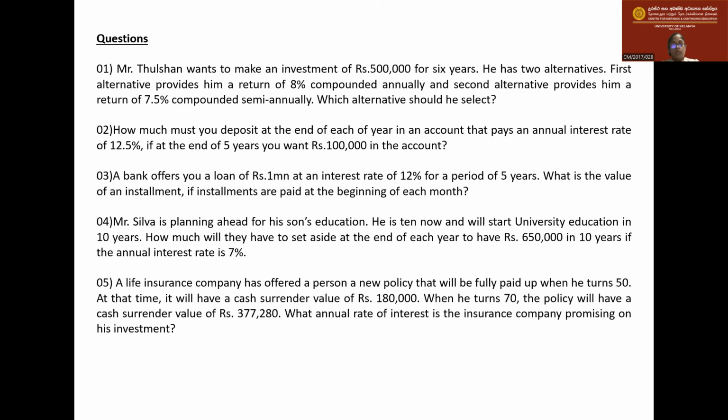At that time, it will have a cash surrender value of rupees 180,000, and when he reaches 70, the policy will have a cash surrender value of rupees 377,280. What annual rate of interest is the insurance company promising on his investment? These are the questions to be referred. Let's have a look at them one by one then.